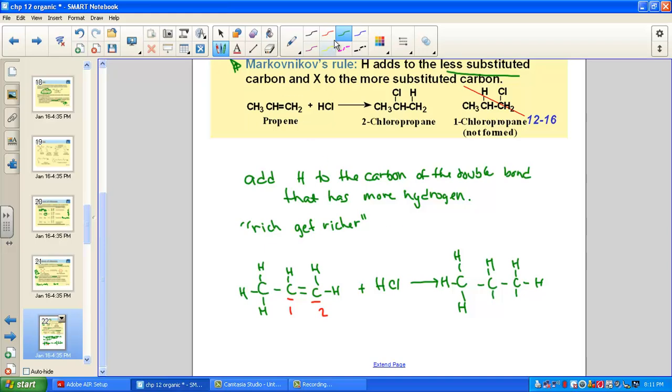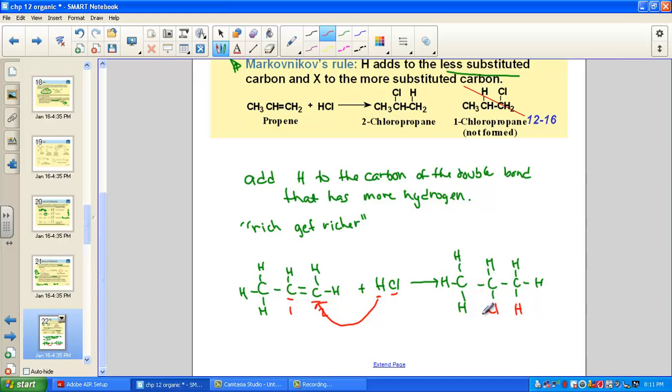And now I have to decide where the H and the Cl will go. The H attaches to the carbon that has more hydrogen. The rich get richer. The hydrogen will attach on the terminal carbon. The chlorine will attach on the center carbon.